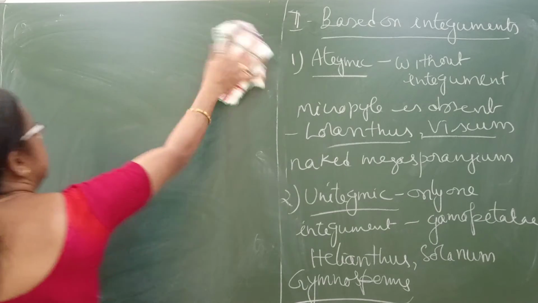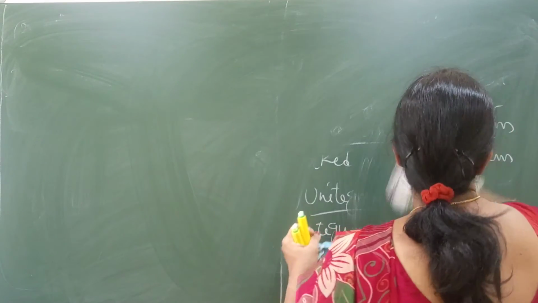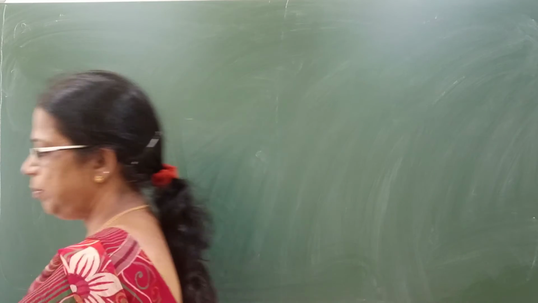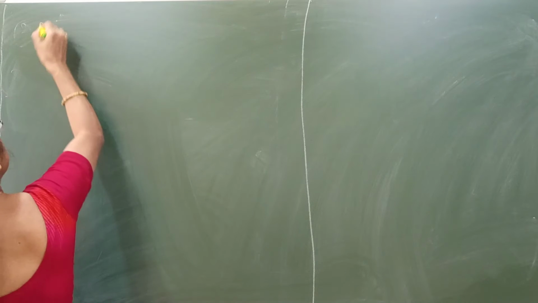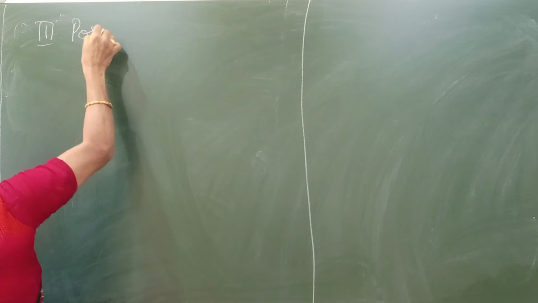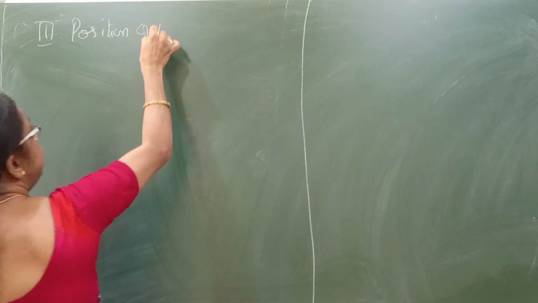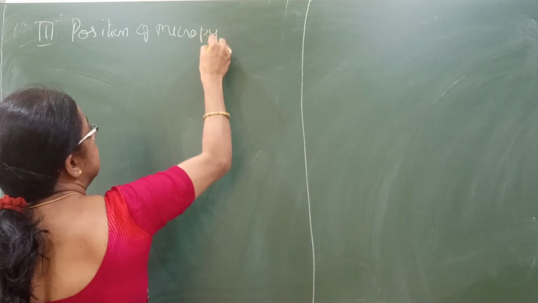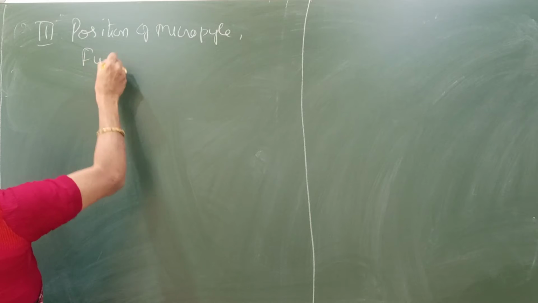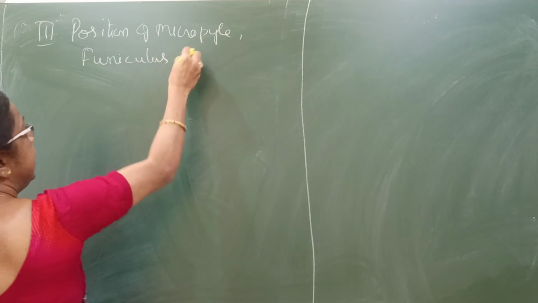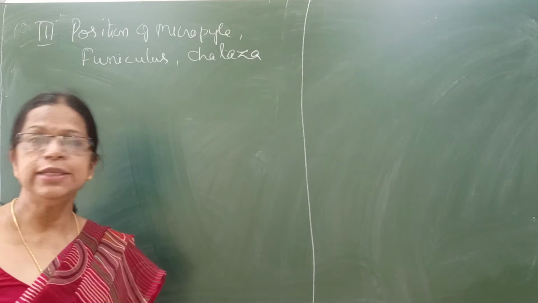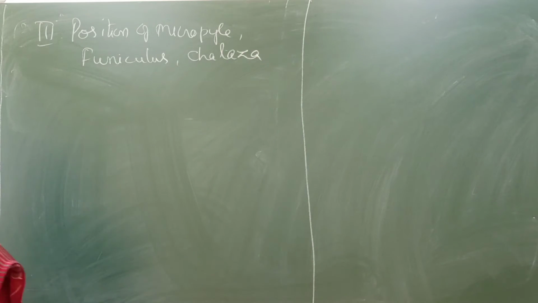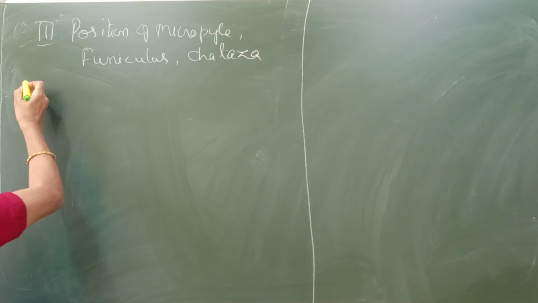So this is the third category of ovules, based on the position of micropyle, funiculus and chalaza. There are five different types of ovules.